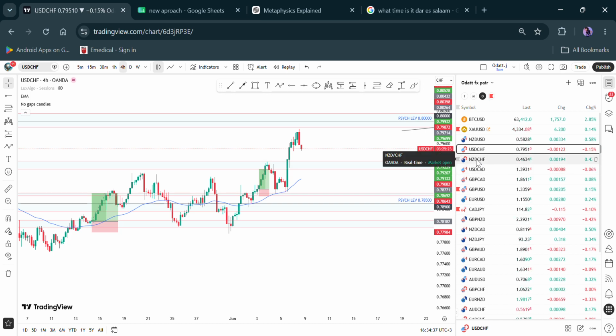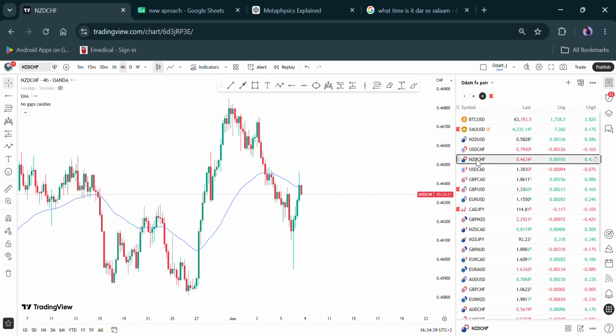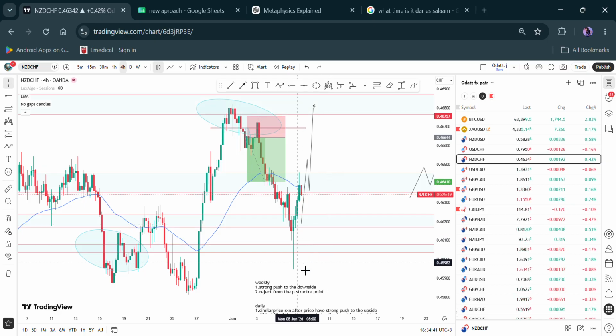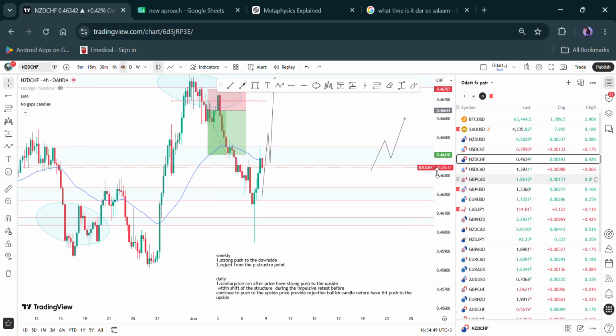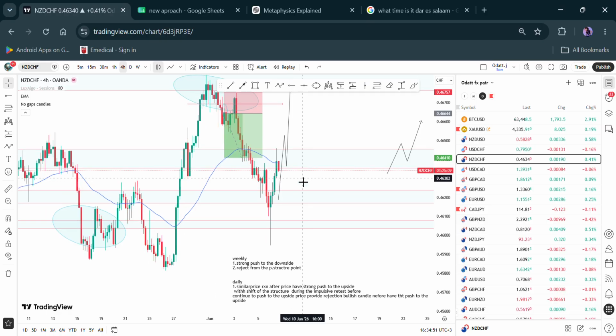NZDCHF, as you can see, I just wanted the price to break and retest. This also was a counter trend trade, but the same thing happened over here, so I didn't take this counter trade, the same thing as in NZD-USD. Let's see what I was anticipating.